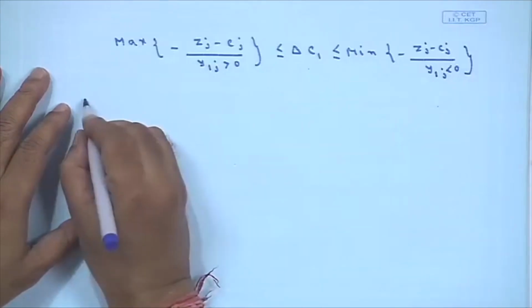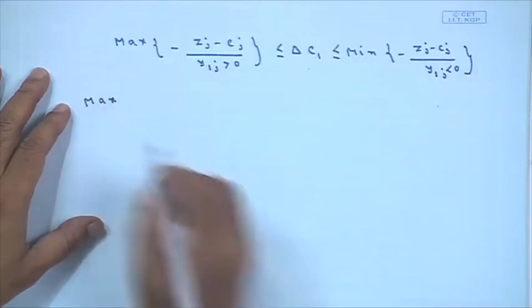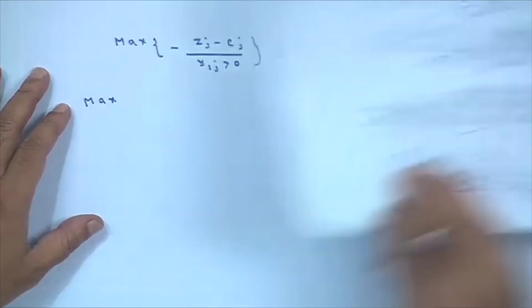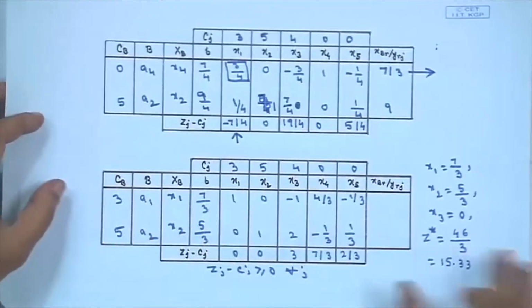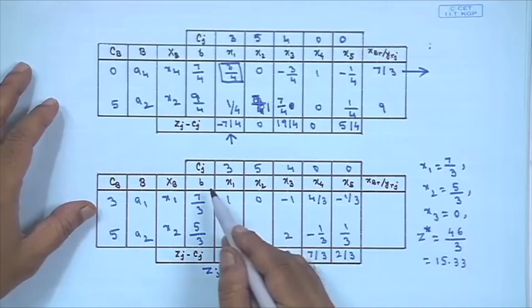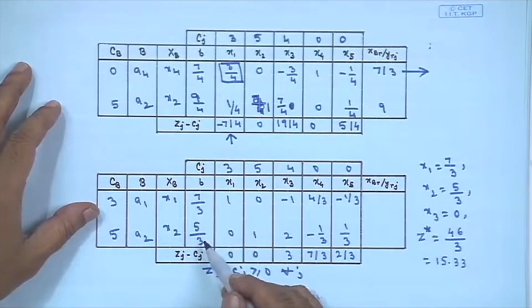So, what are these values? Maximum of, you are doing it for which one? For product 1. See this table.